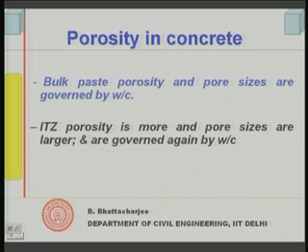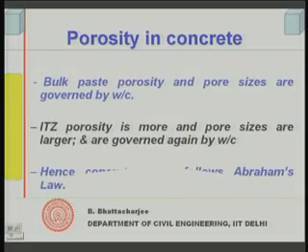In paste, we have seen the water cement ratio governs the porosity and pore sizes. In concrete also, because paste is there in concrete, those porosities will be there, but additionally I have got ITZ pores, the interfacial transition zone pores at the aggregate boundary, and they are also governed by water cement ratio. Higher the water cement ratio, more will be such pores, more will be such fissures, because you have more bleed water trapping, more shrinkage and all these effects.